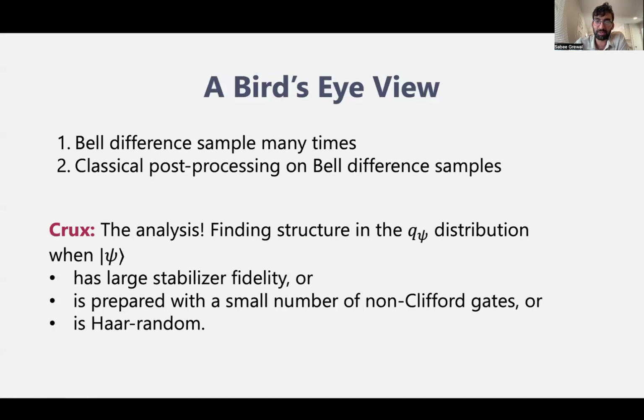So the name of the game is finding structure in this Q psi distribution, the Bell difference sampling distribution, whenever you have some prior knowledge about psi, whether psi has large stabilizer fidelity, it's prepared with a certain number of non-Clifford gates, or if it's random, and so on. And so for the remainder of the talk, I'm going to sketch out how 2 of the algorithms work, just to give you an idea of what this slide is trying to say.